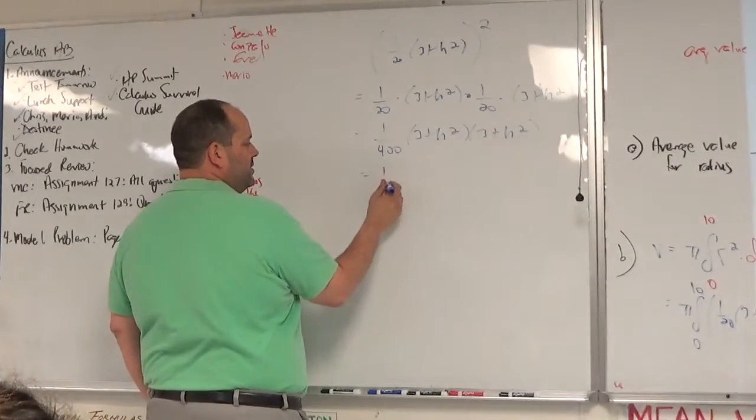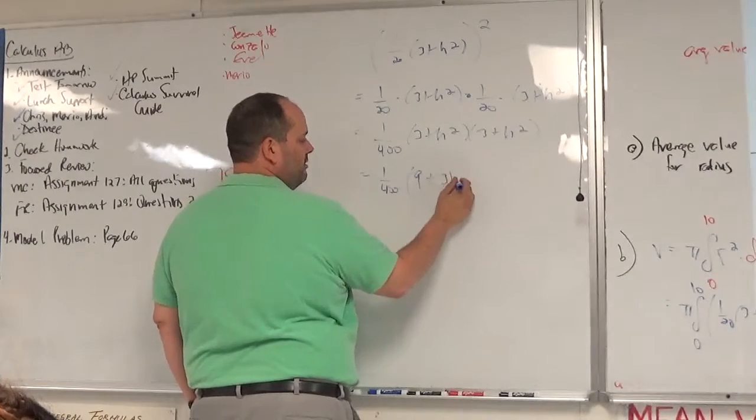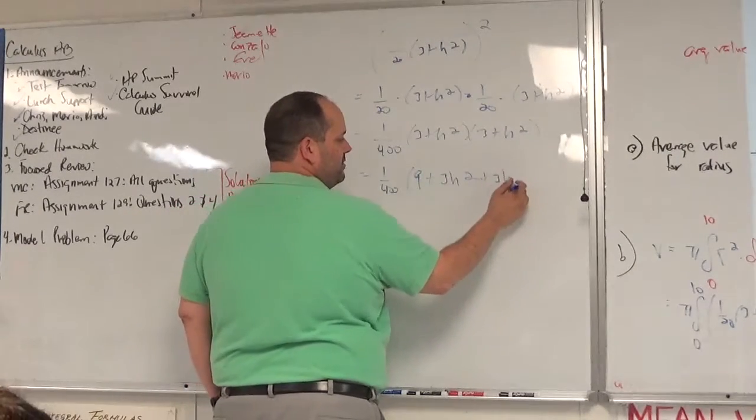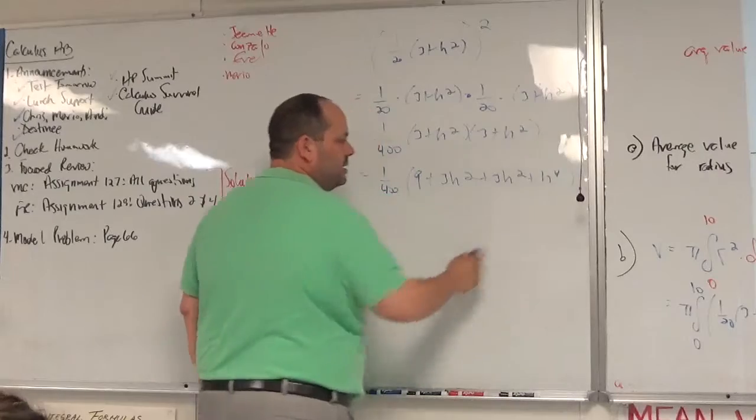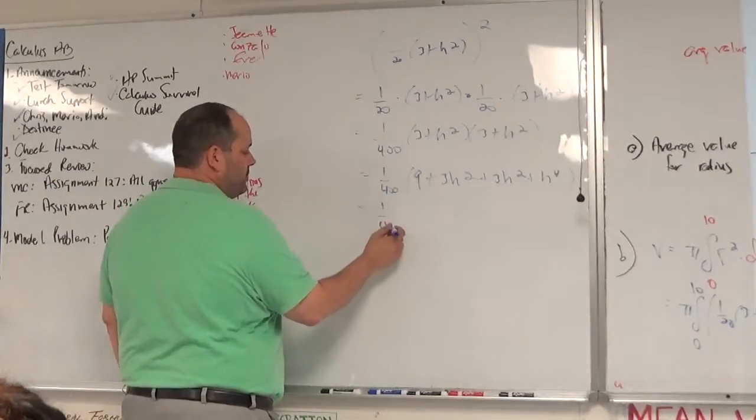You can multiply those out. 9, 3h squared, another 3h squared, and h to the 4th. You've got to be able to power through.